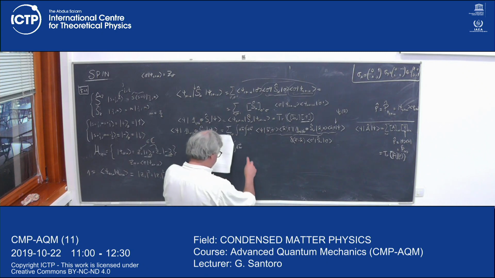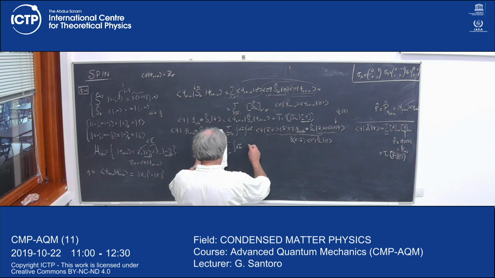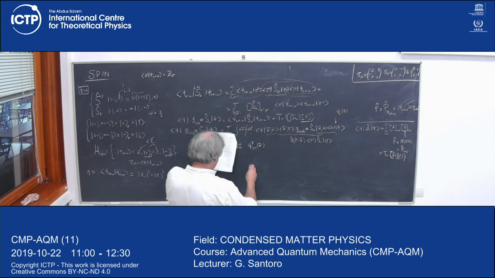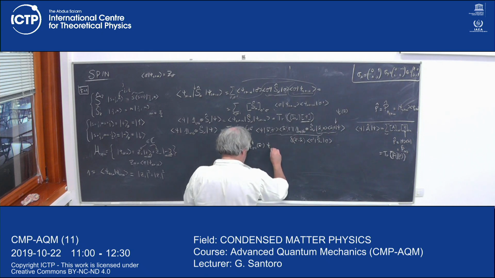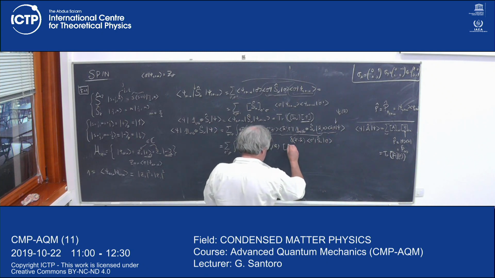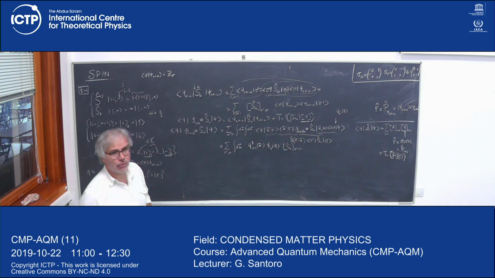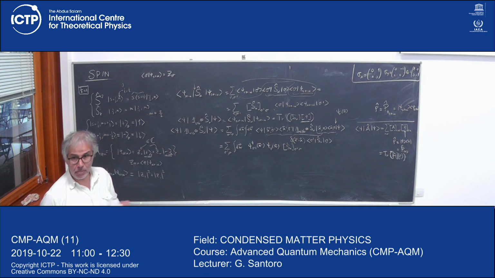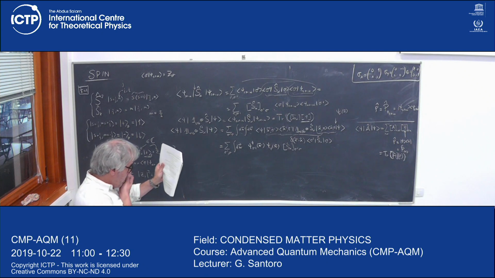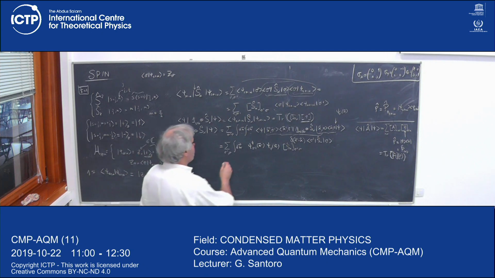So now I have here psi star sigma prime of x, x is the same as x prime because of the delta, and then I have psi sigma of x, which comes from here, and then I have the matrix element of the spin, sigma prime, sigma. Is this calculation so far clear? It's extremely useful. Very good. Now, what is this object here?